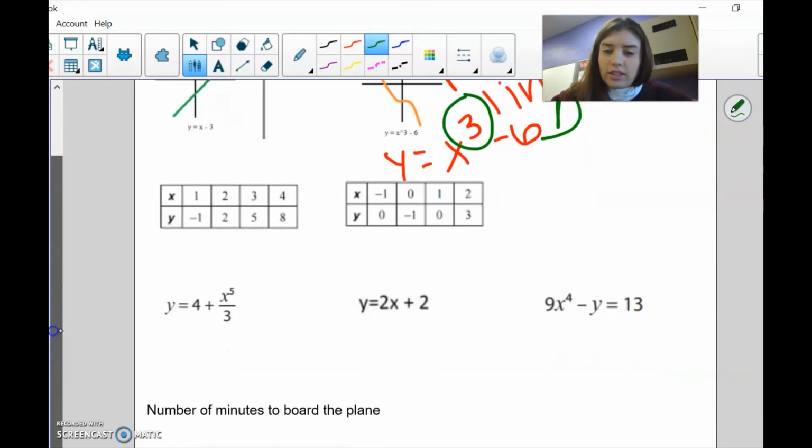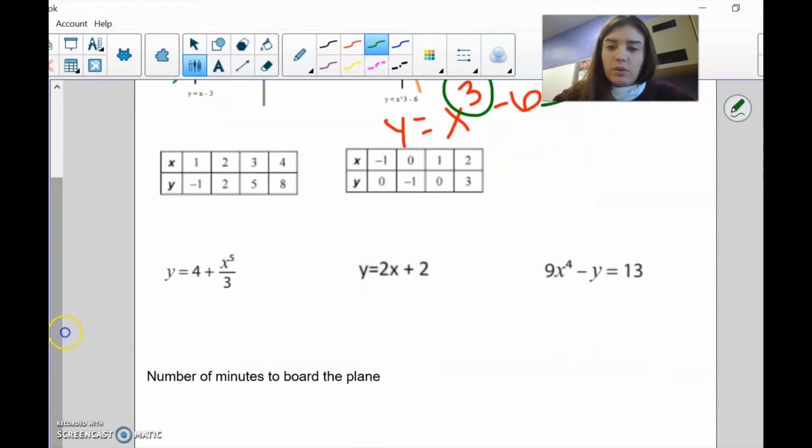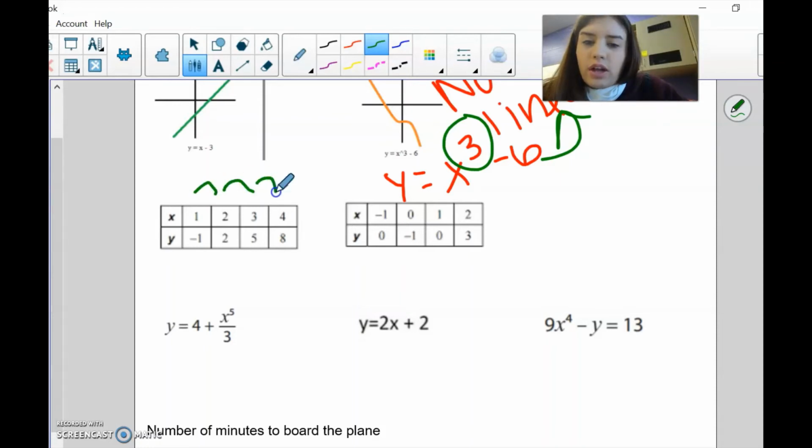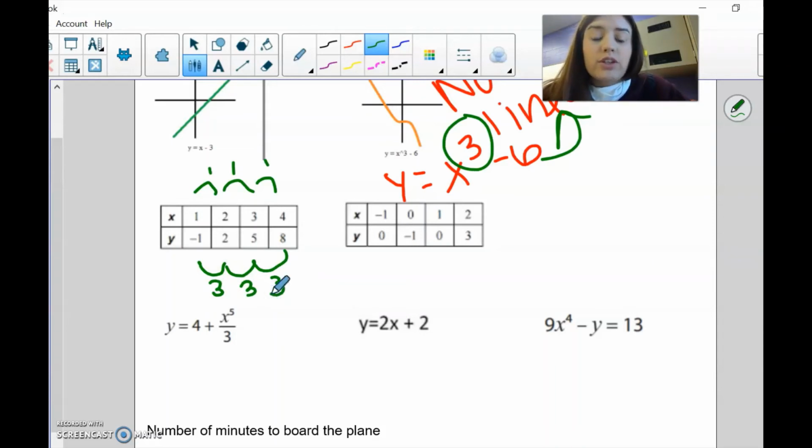So let's check these tables. We'll do one table and then we'll go through our equations real quick. So this rate of change for x for our first table is 1 each time. For the bottom, it's plus 3 each time. Because that rate of change is the same for the x and then all the y's are the same, this is in fact linear.